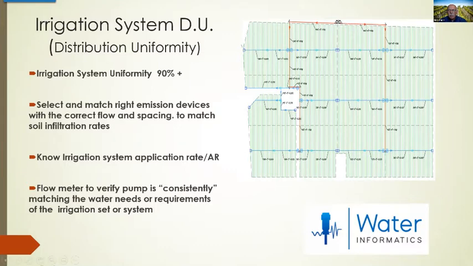But what you want is the distribution of the water to be at 90% in all 4 corners. You want the system to be highly efficient, so it delivers both water and fertilizer efficiently. So you can see there that I look for a 90+ irrigation or distribution uniformity.